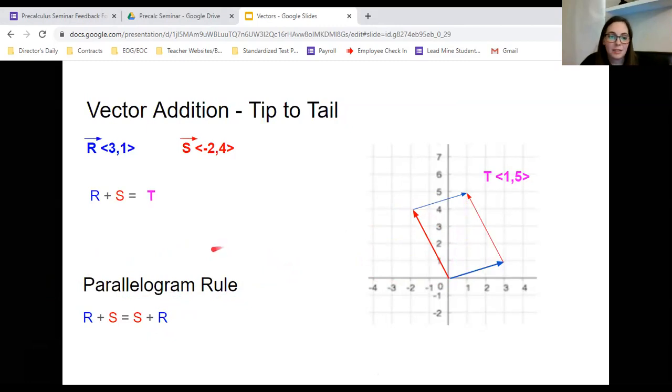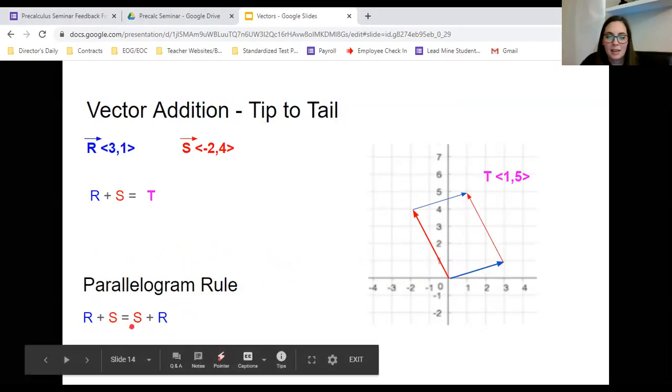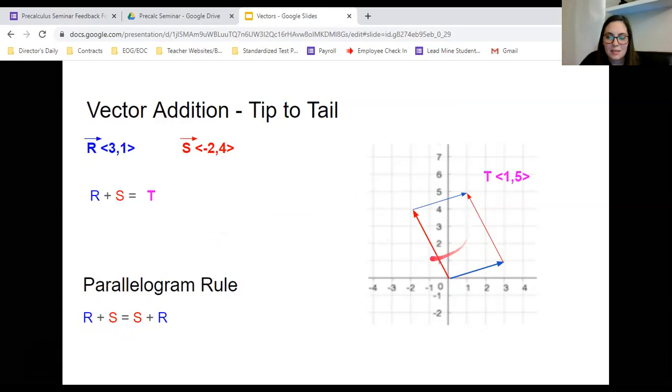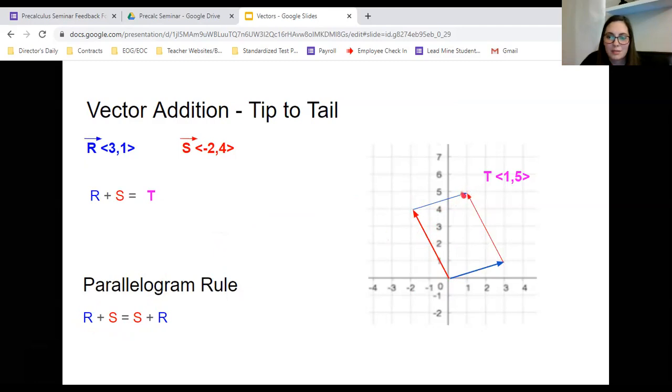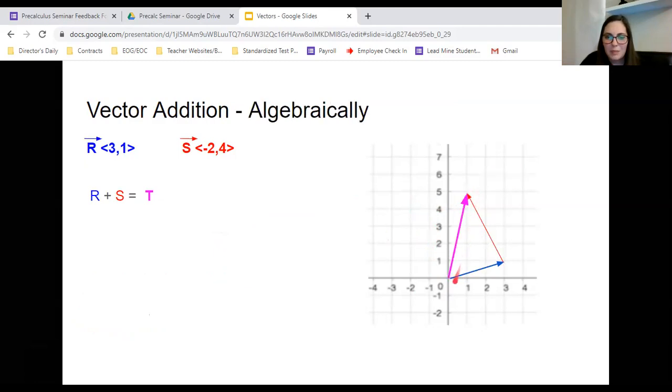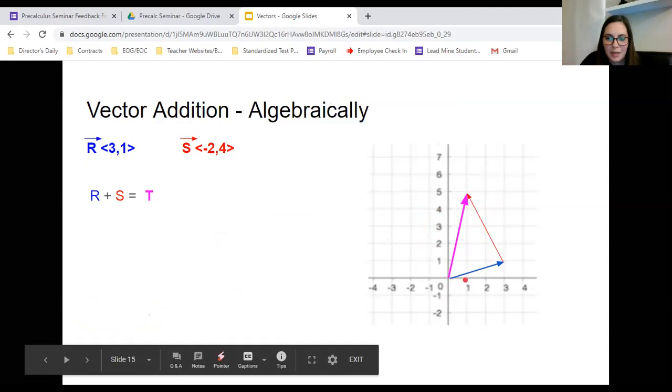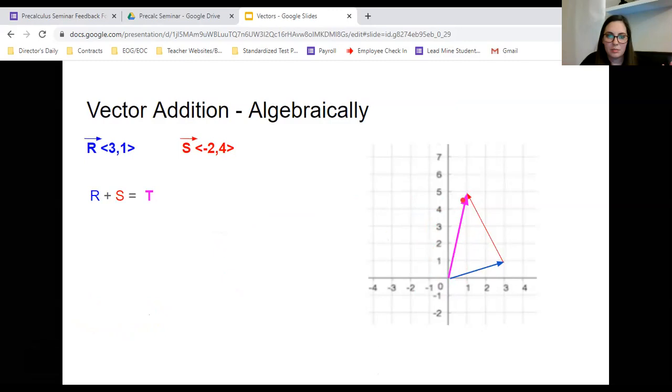And the same goes for vectors. So R plus S and S plus R are going to give me the same thing. Over here, this is R plus S. This left side over here is S plus R, where I have S and R. And I still end up at this point right here. So my resulting vector being 1, 5. That makes sense to everybody so far.